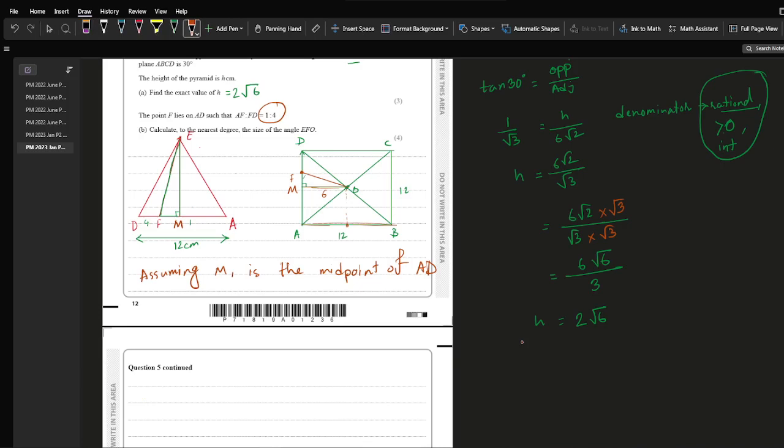Before we find MF, the relationship that we have is between AF and FD. So AF over FD is equal to 1 over 4. AF, we can break down to AM plus MF, divided by FD, equals 1 over 4.